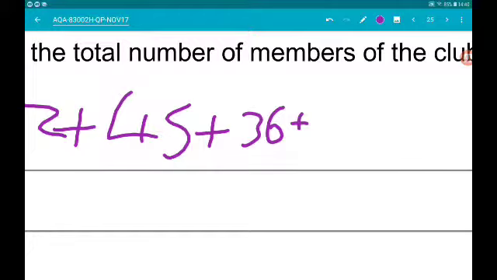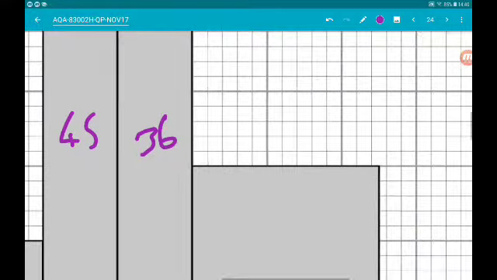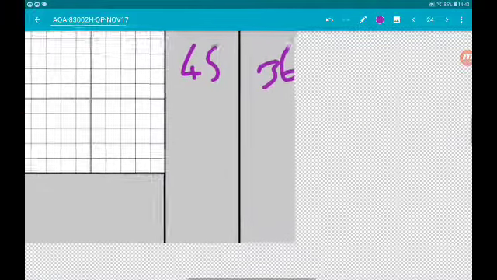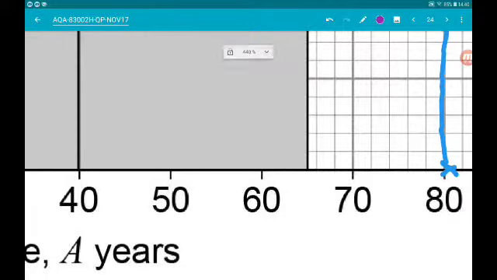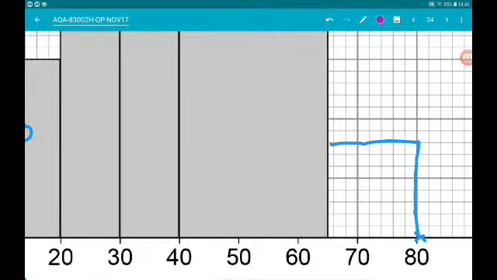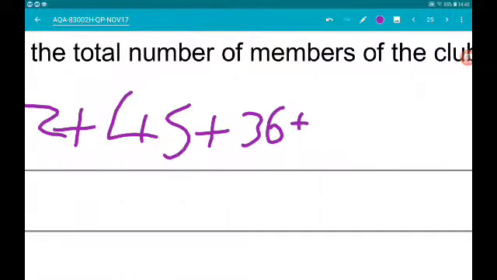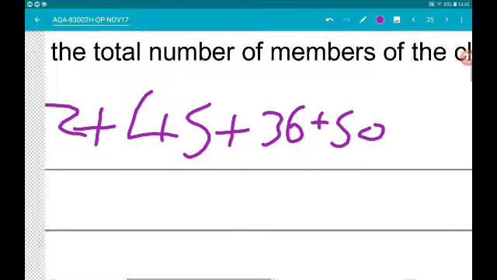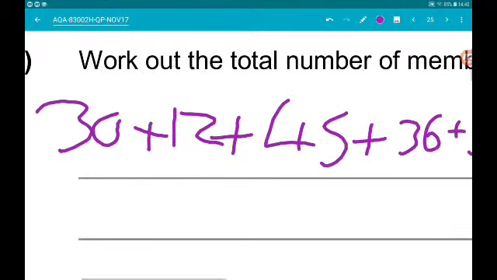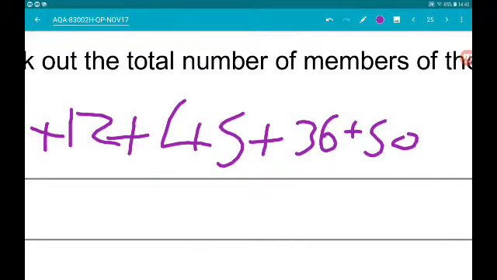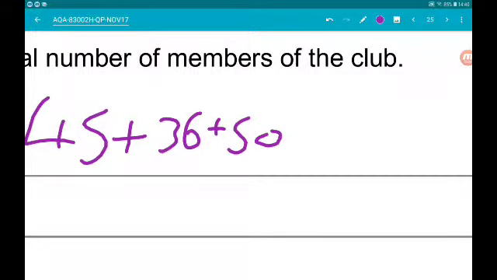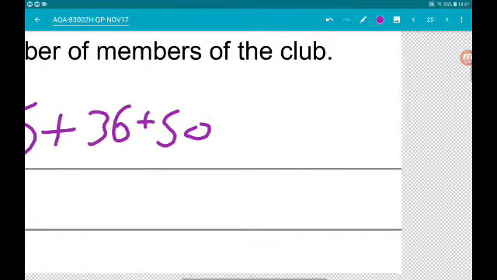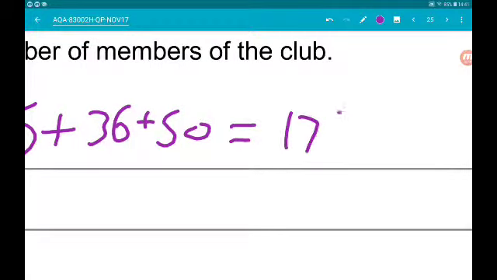And then in the last one, our density is 2 and our width is 40 to 65, so 25. 2 times 25 is 50. So let's add all of those together. So 30 add 12 is 42, add 45 is 87, add 36 is 123, add 50 is 173.